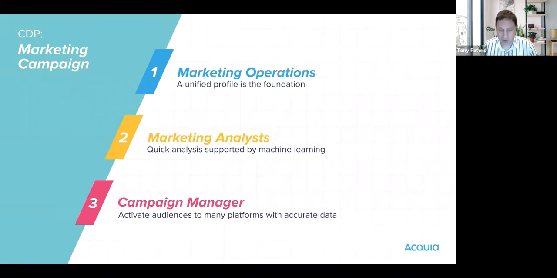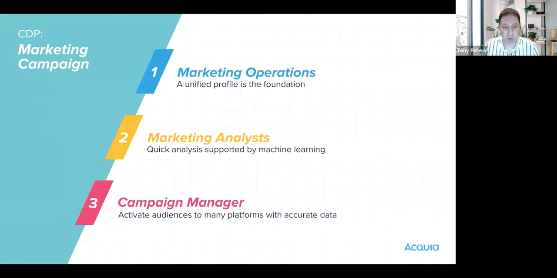They will be charged with making sure that data is coming together and that those tools are usable for the marketing teams. We've got the marketing analysts, who are going to be the ones looking at that data and driving the marketing strategy. And then you've got the campaign managers. The campaign managers are really the tip of the spear. They're executing on what the MOPS and the marketing analysts are enabling them to do.